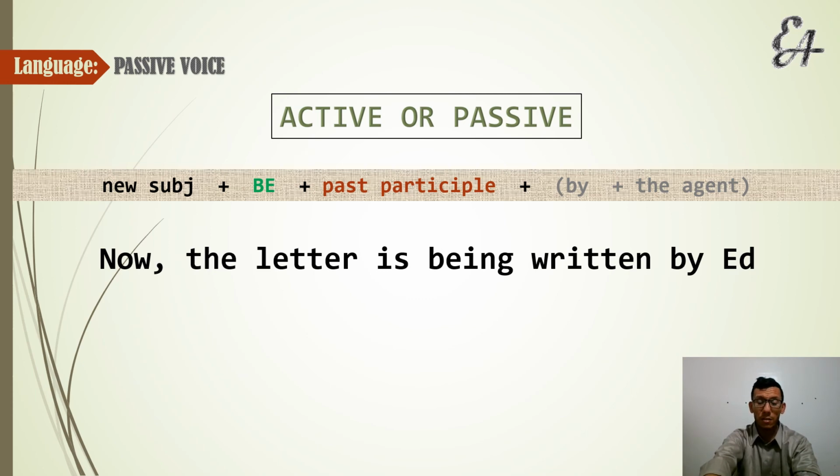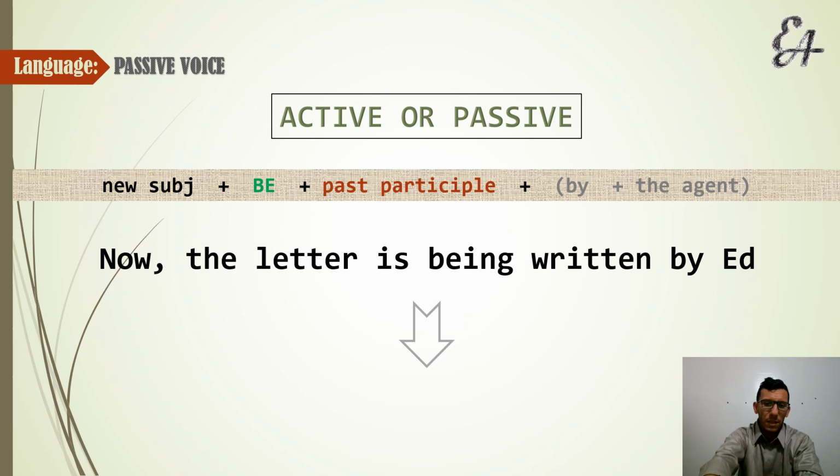Yes, written. So it is being written. As you can see, it's like the verb in the active voice was put in the present continuous, because is being is the present continuous tense. Like Ed is writing.